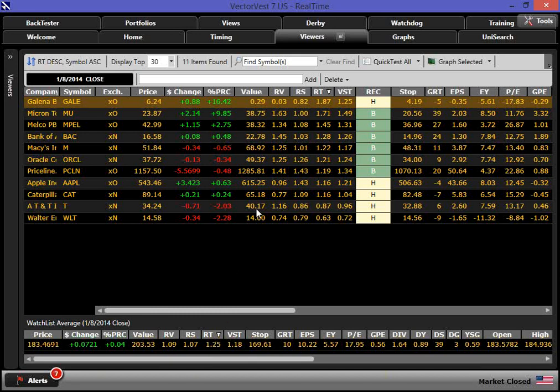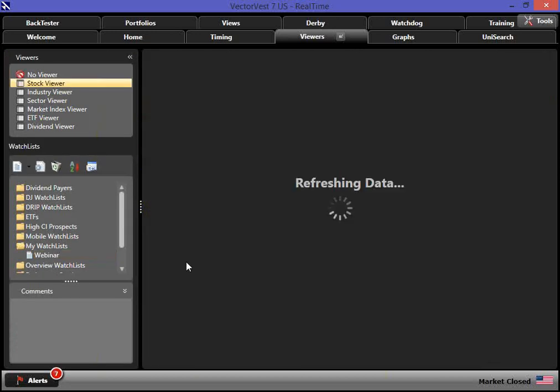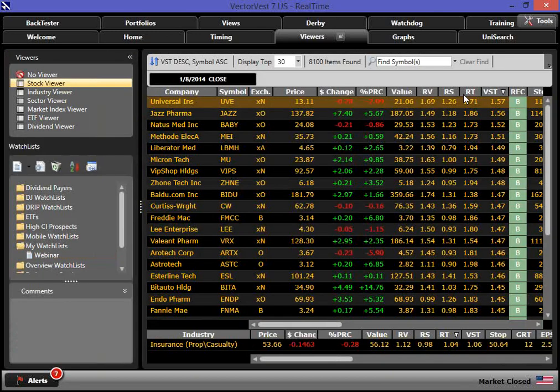But the question then is, okay, I've weeded the garden. I'm taking the weed out. What do I replace it with? Well, hopefully you can see that the place we'd expect you to, or want you to go looking, let's start at the stock viewer with the top VST stocks, because these are the stocks that have the best combination of value, safety, and timing. This is a great place to start.